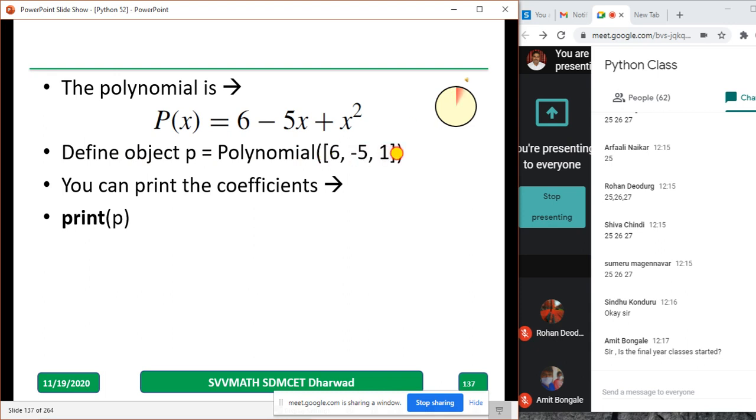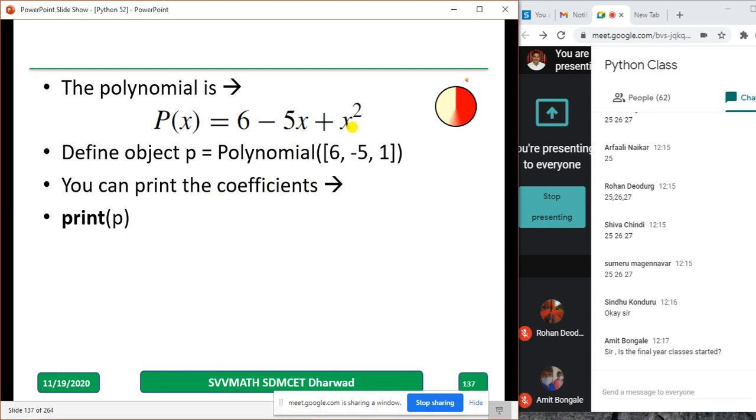This is nothing but 6 minus 5x plus x square. You can print the coefficients using print of p. Whenever I write a polynomial like this, it becomes 6 minus 5x plus x square. If it is a plus 5, it would be 6 plus 5x plus x square.